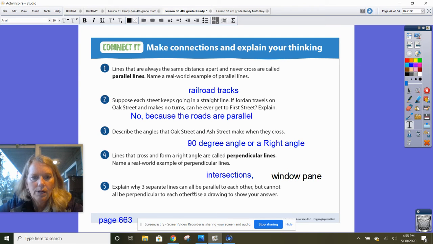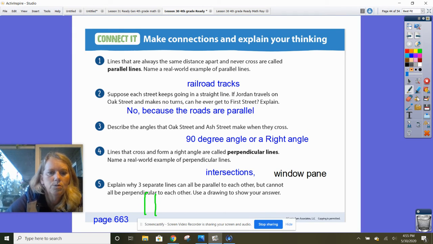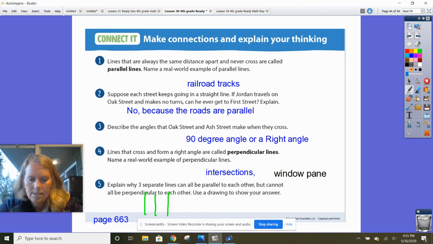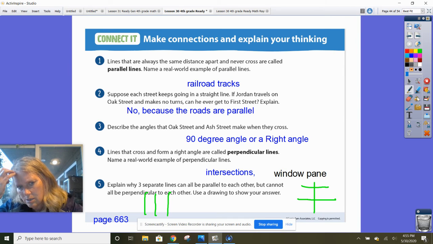Explain why three separate lines can all be parallel to each other but cannot all be perpendicular to each other. If you have three lines, they can easily be parallel, but they cannot be perpendicular. If you're parallel, you can't be perpendicular. You couldn't be perpendicular to this one, and that one could be perpendicular, but if I make another one perpendicular, that doesn't work.